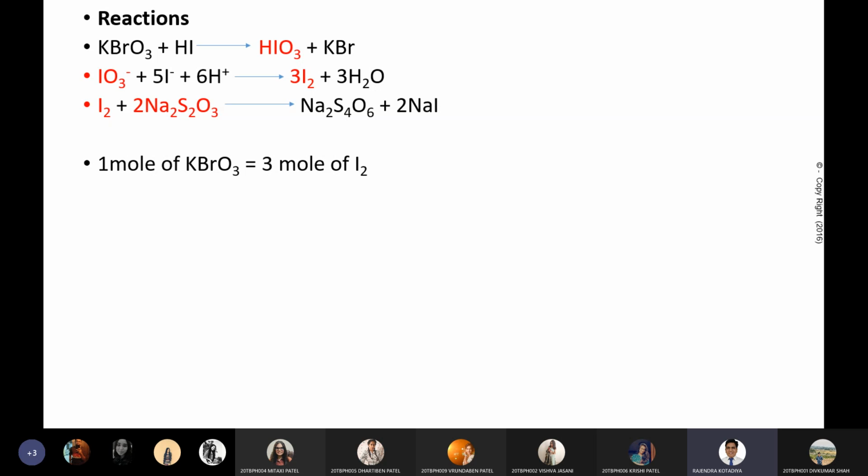Right? So that HIO3 further rearranges its oxidation state, and it forms 3 molecules of iodine. So ultimately we can say that 1 mole of KBrO3 generates, or is equivalent to, 3 moles of iodine. Okay.